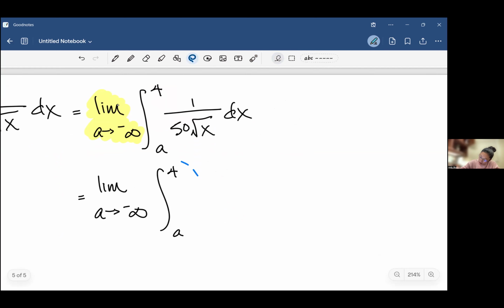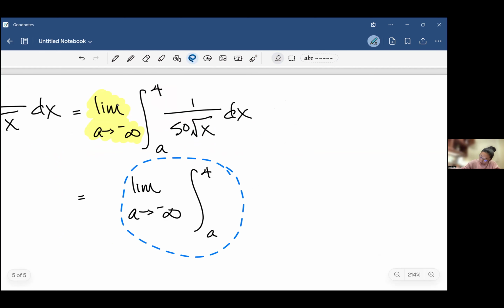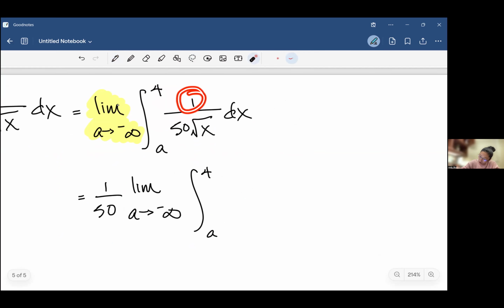And I'm going to take that 1 over 50 and I'm going to move it out to the front. Okay, so the 1 over 50 is a constant, so I can move that out to the front. And then this square root of x on the bottom is the same as x to the negative 1/2.